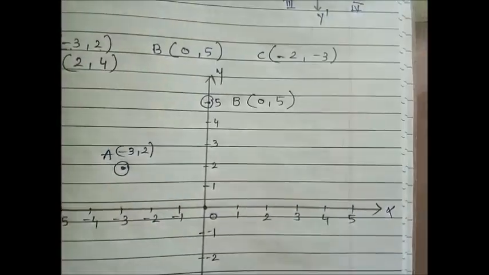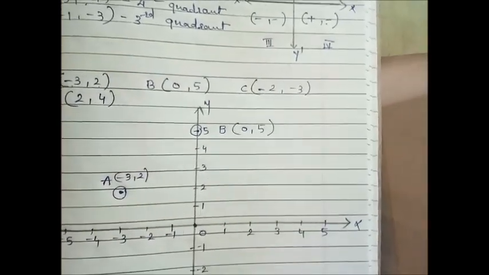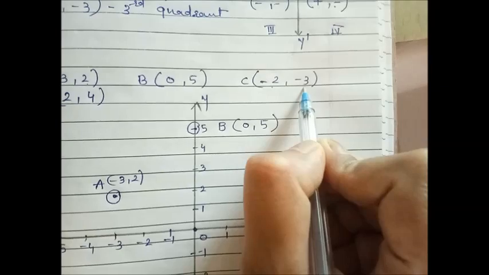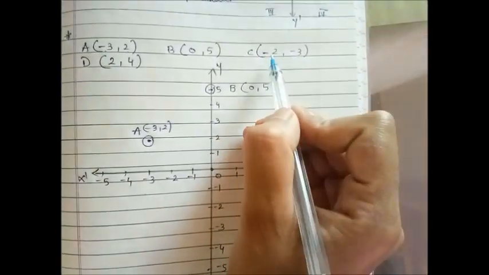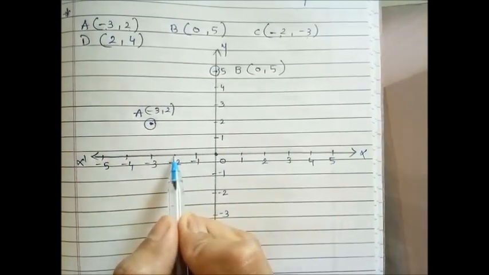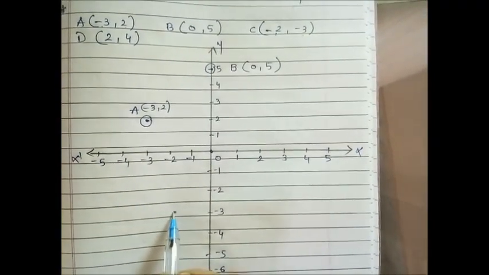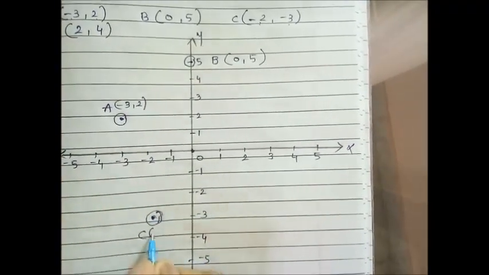Now our next, C, minus 2 and minus 3, right? So both are negative. So in the third quadrant, x is minus 2 and y is minus 3, so here. So this is our C, minus 2 and minus 3.